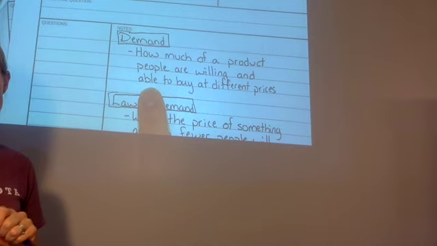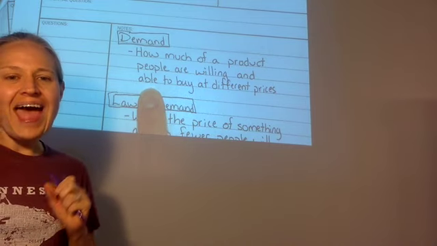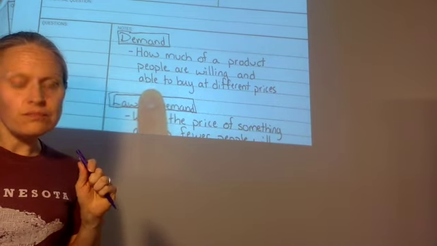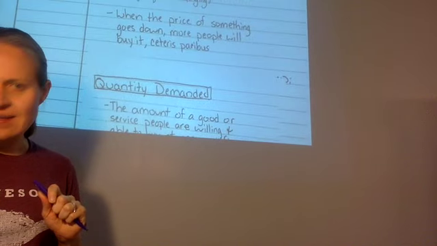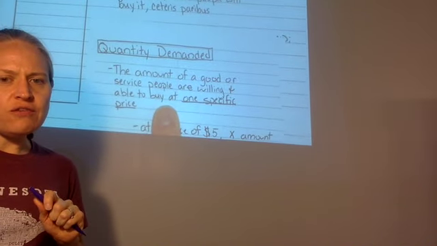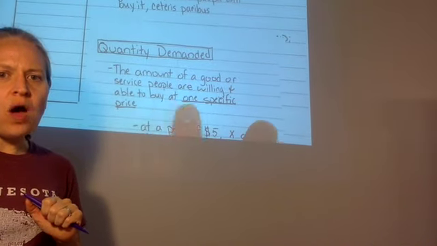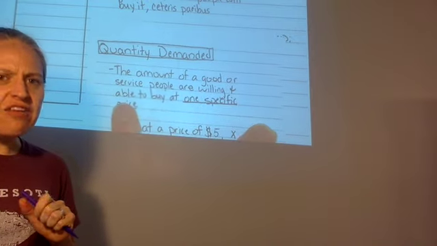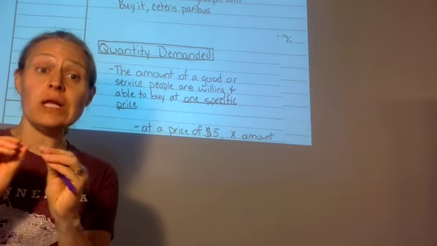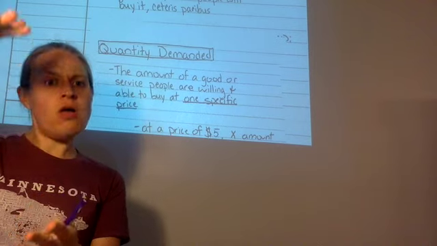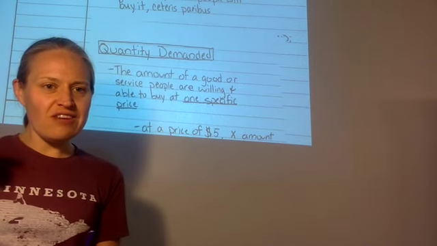How much of a product people are willing and able to buy at different prices. And then down here, quantity demanded, the amount of a good or service people are willing and able to buy at one specific price. Those two things are similar. Demand is all the prices. Quantity demanded is just one price.